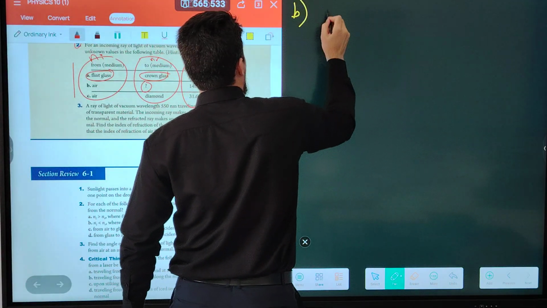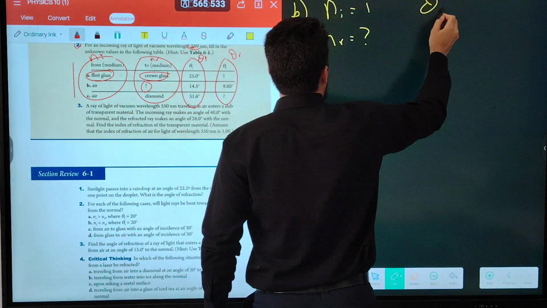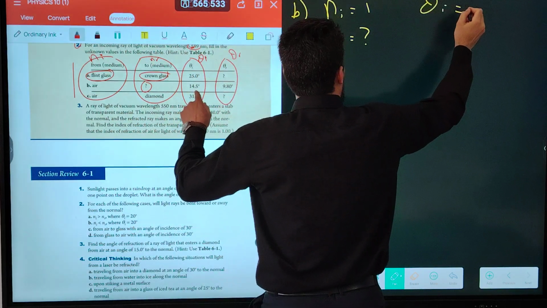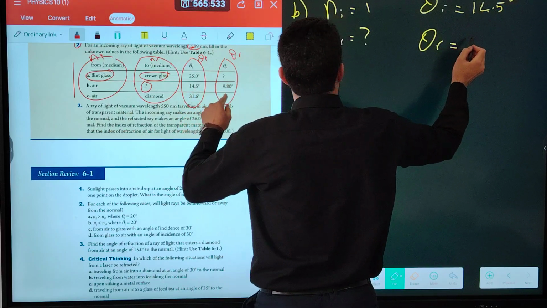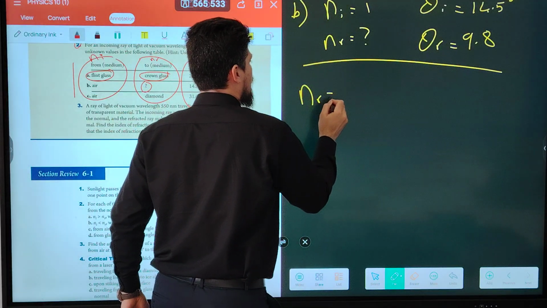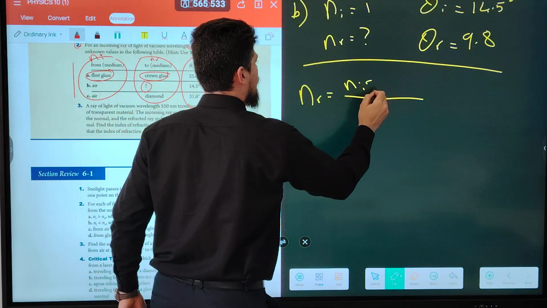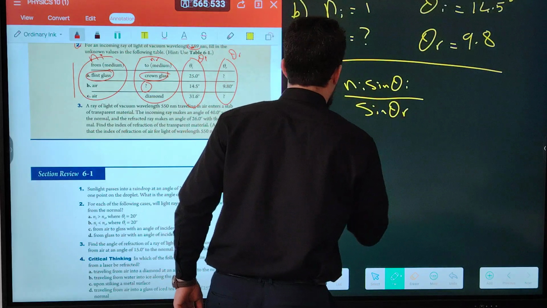The first medium Ni for air is equal to 1. Nr unknown. Theta I must be given 14.5. Theta r also must be given 9.8. How can I determine Nr? Nr is equal to Ni sine theta I over sine theta r.